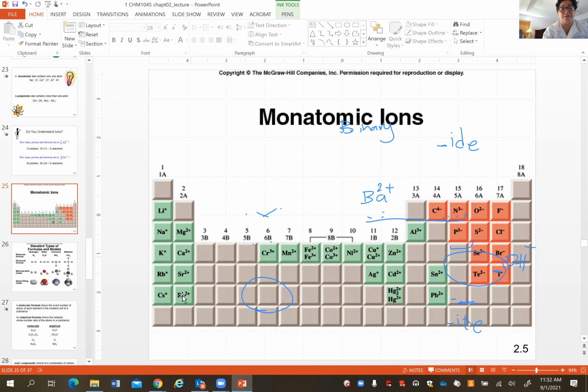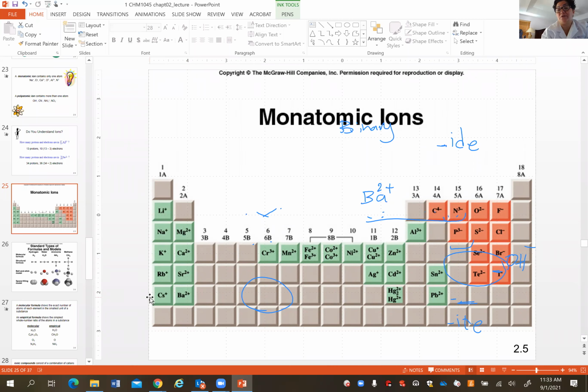The elements in group 2A have 2 electrons more than the previous noble gas, so they gain a 2+ charge. Basically, they always lose 2 electrons. And group 1A always loses 1 electron, so the charge in group 1A is always 1+.